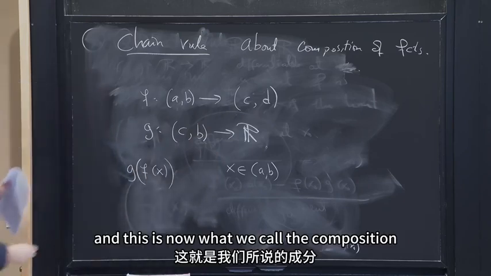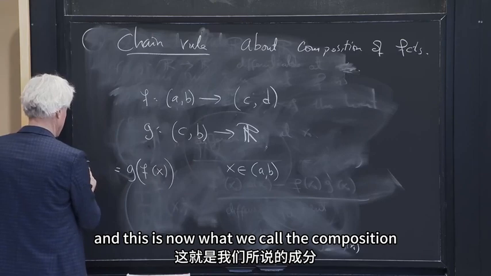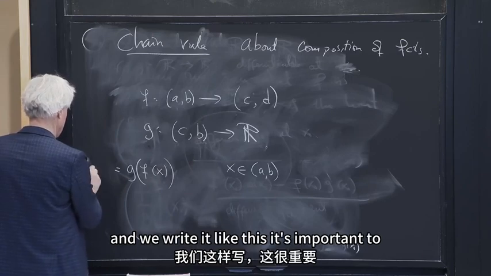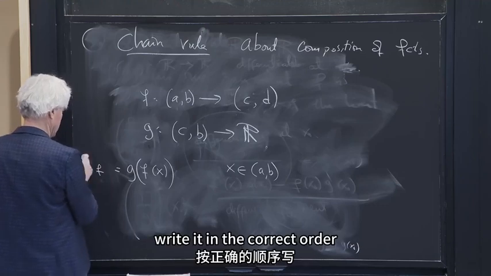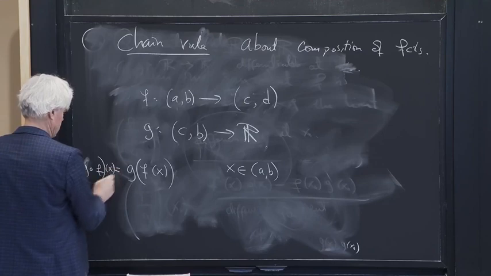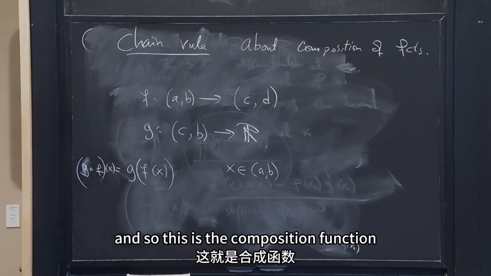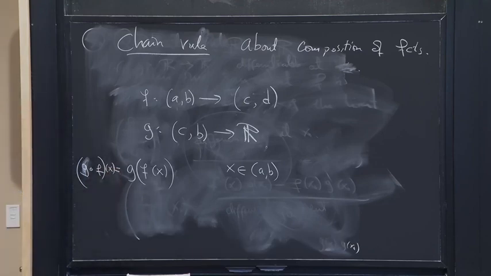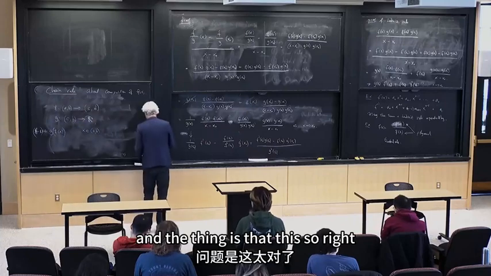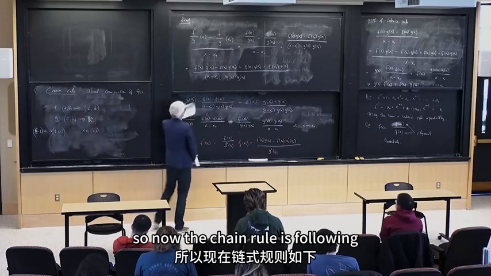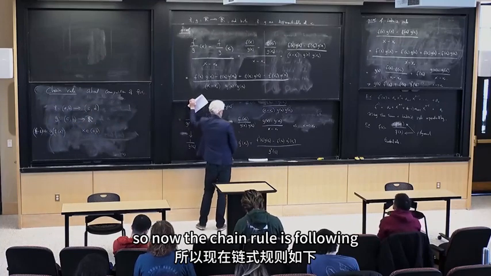This is what we call the composition, and we write it like this. It's important to write it in the correct order. And so this is the composition function. Okay, and now the chain rule is the following.